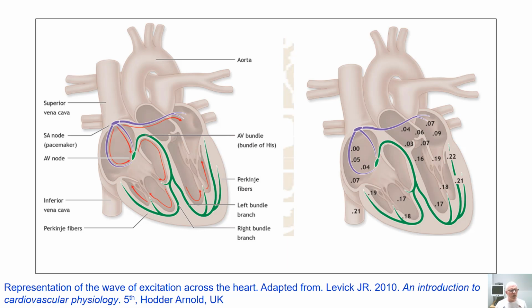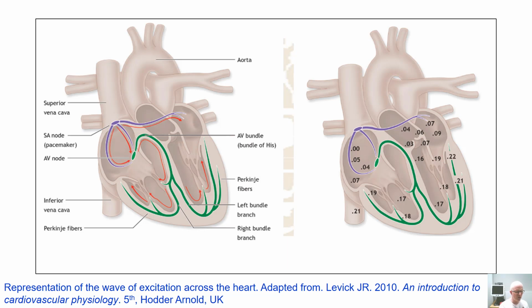Because we know how they relate to these structures, we also know how they relate to those components of the heart, the ventricles and the atria. So now, just through monitoring the electrical activity, we can start to build up a picture of how the heart is being innervated.